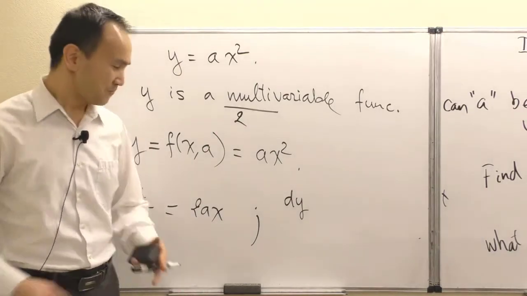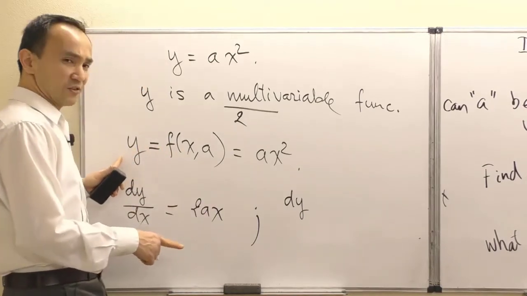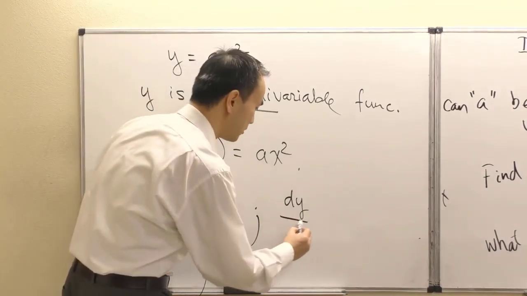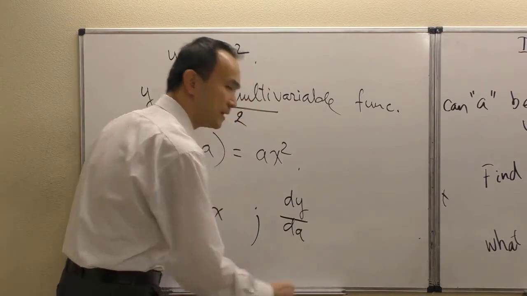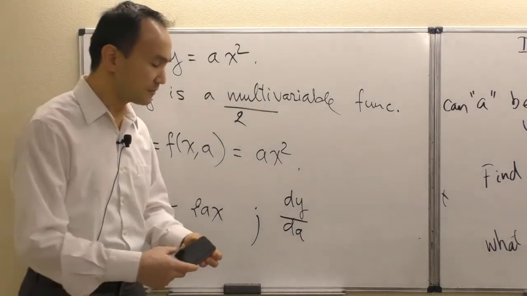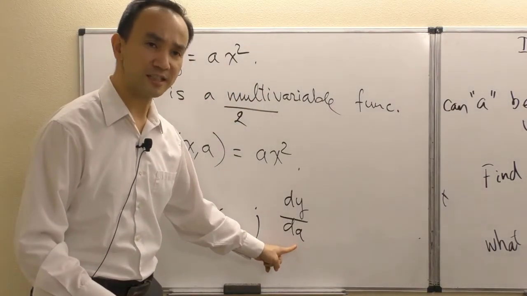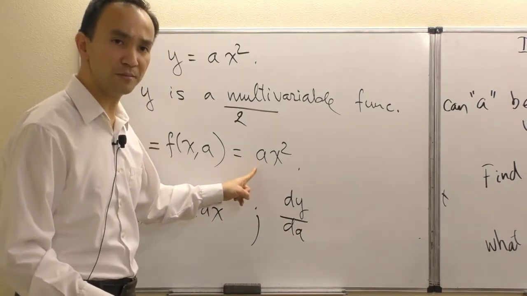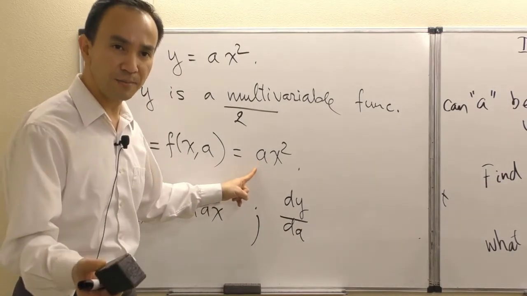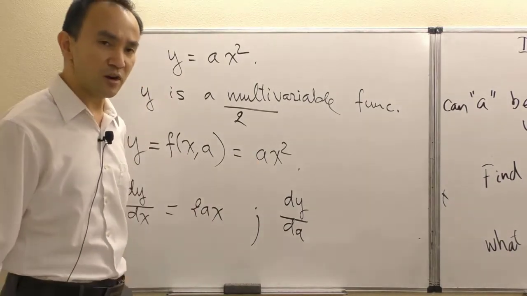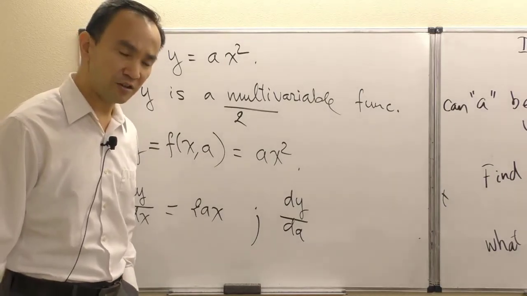If we're seeing y as a function, and previously we did dy dA, that means we target the a variable to be the main independent variable that drives the value of our function.